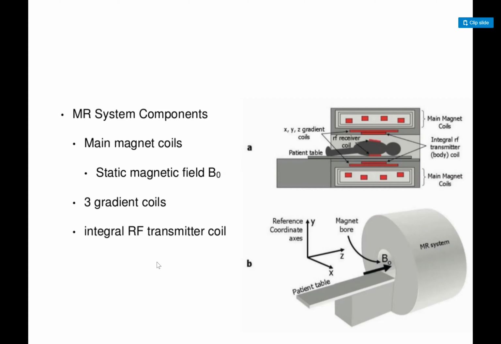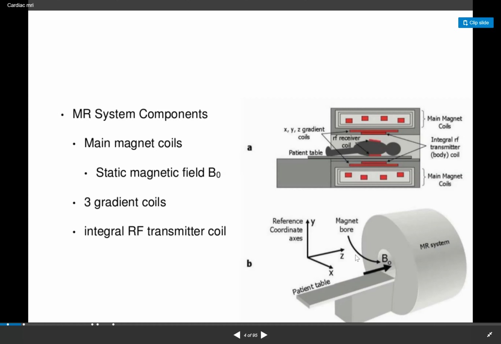As you can see here, the B, which is the direction of the magnetic field towards the head of the body, is directed this way. So many of the protons in the body start going in circles with the axis in this direction.